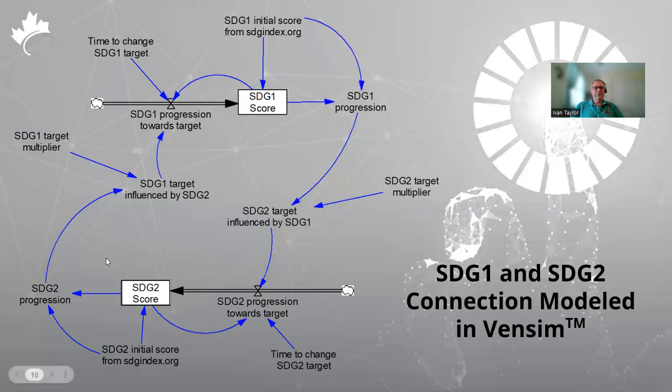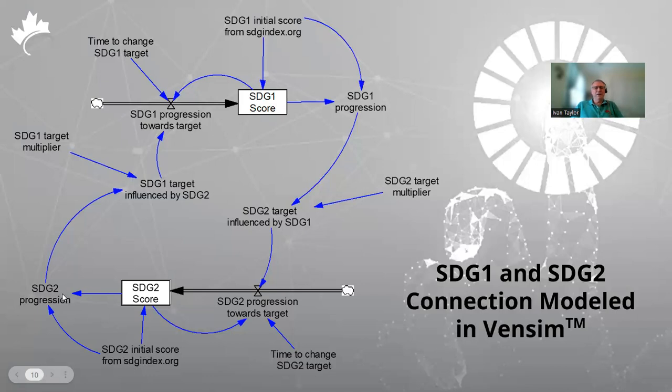The other idea we had was that these SDGs are connected together, and we used the progression in the SDG as a way of connecting the goals. The progression is the ratio of the current goal score against the initial goal score. So that could be going up, or it could be going down. It could be greater than 1 if the goal score is increasing compared to the initial, or less than 1 if the goal score is decreasing.